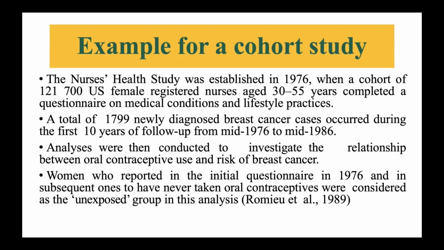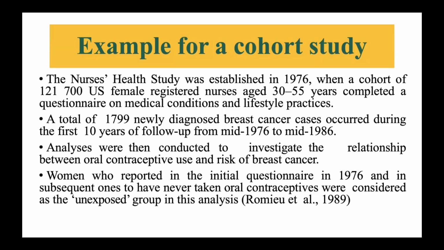Analysis was then conducted to investigate the relationship between oral contraceptive use and the risk of breast cancer. Women who reported in the initial questionnaire in 1976 and in subsequent ones to have never taken oral contraceptives were considered the unexposed group.